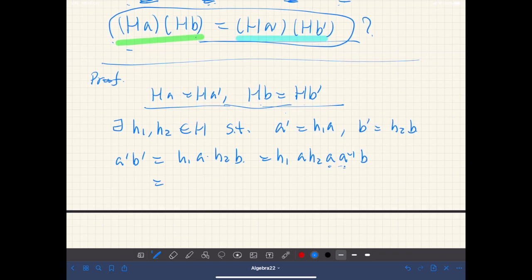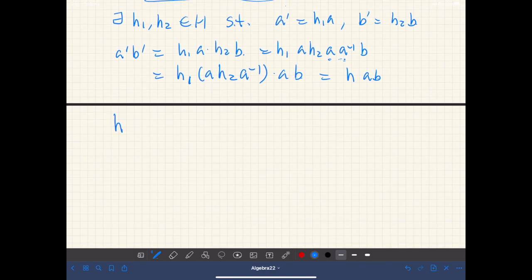So this is equal to, just to make it easier to see, H1 times A times H2 times A inverse times AB. This can be written as H times AB, where H is equal to H1 times A H2 A inverse, which is an element of H.